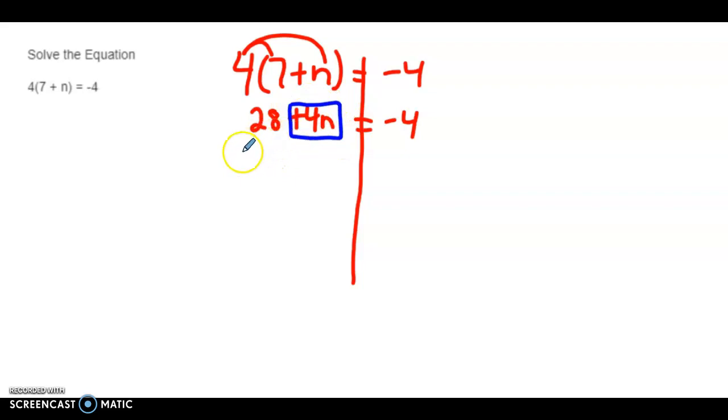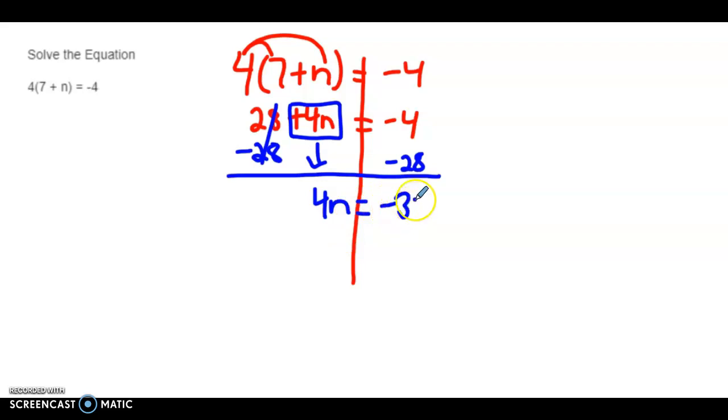Right now we're adding 28, so the opposite is to subtract 28. Bring this straight down. -4 minus 28 is actually going to give us -32. And then we're multiplying. The opposite of multiplying is to divide. And that will give us -8.